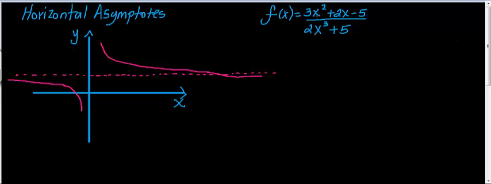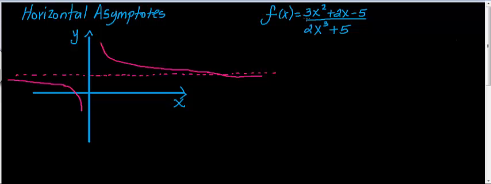I'm going to concentrate on the leading terms. If my polynomials in the numerator and denominator are written in standard form, like these are here, I will concentrate on the leading terms. Remember, we're under the assumption that x is very far from 0, so this value is very, very large.